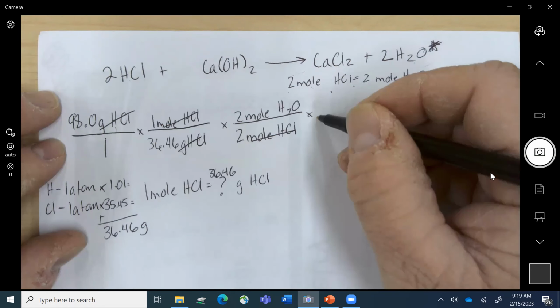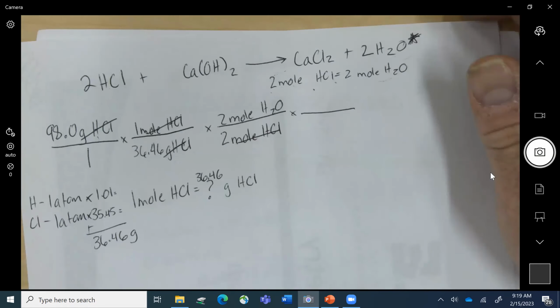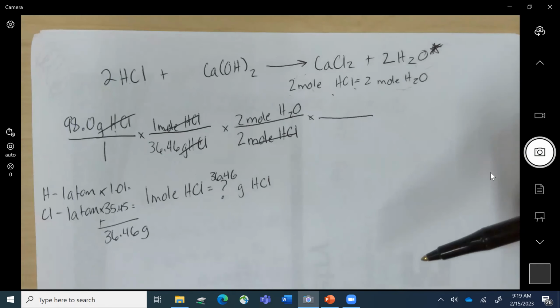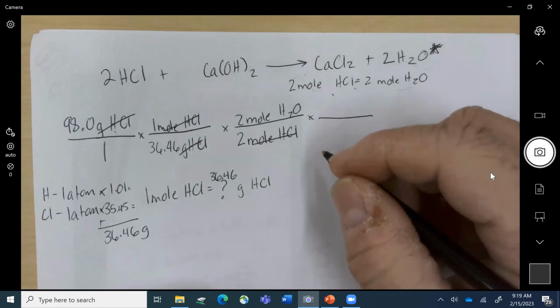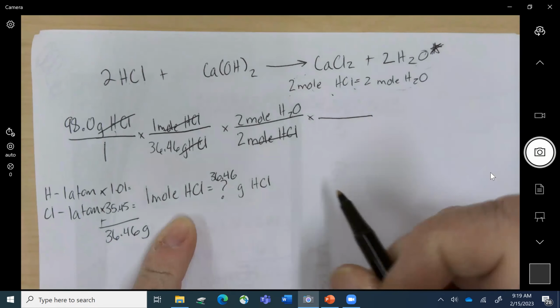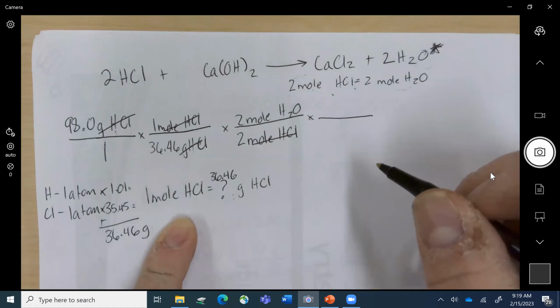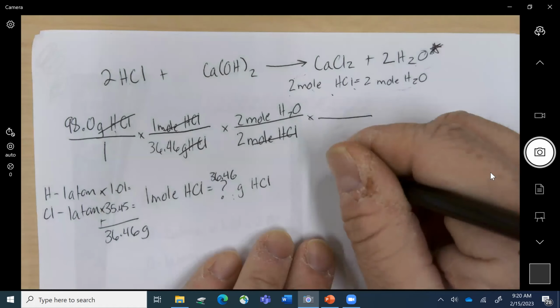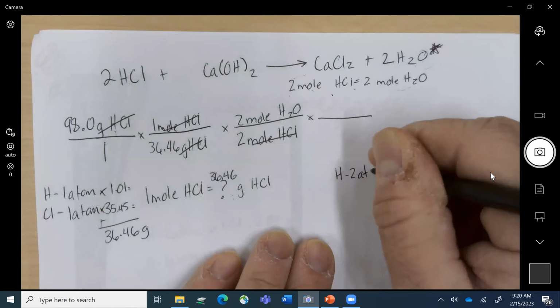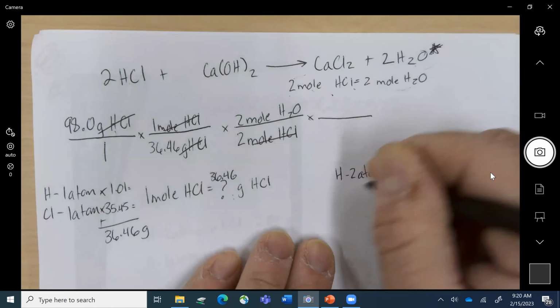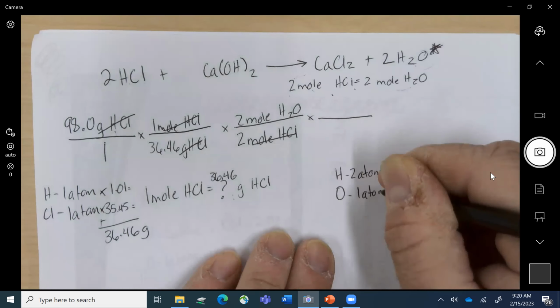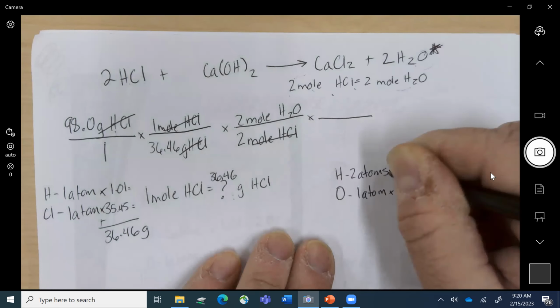Well, now I need to get to grams of this because the question overall asked for grams of water. So again, it's going to be just like this. I don't know how many grams equals 1 mole of this. So H is 2 atoms, oxygen is 1 atom, times 16 times 1.01.